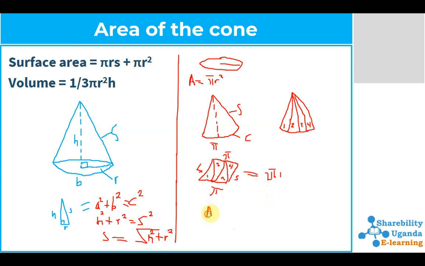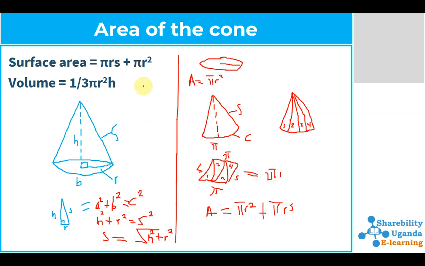Okay. So in naming this, we shall be able to get our formula. The surface area formula of our cone will be equal to the area of the circle, pi r squared, and then plus the area of our sector, the one we have got, which is pi r s.